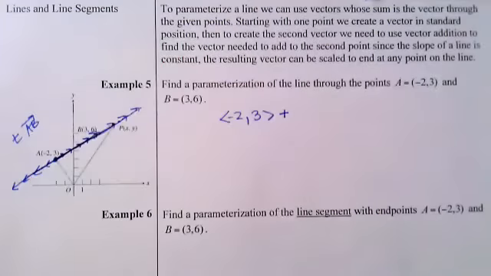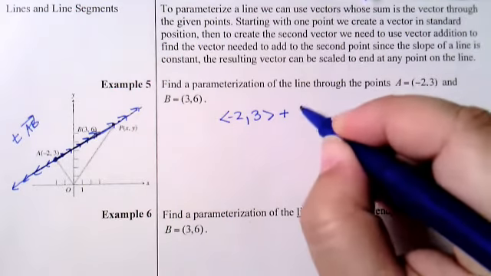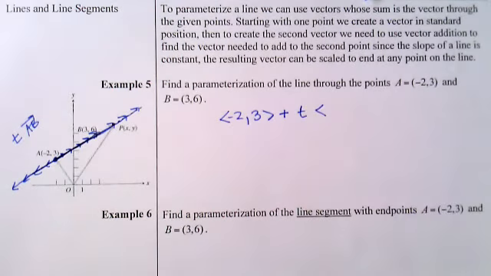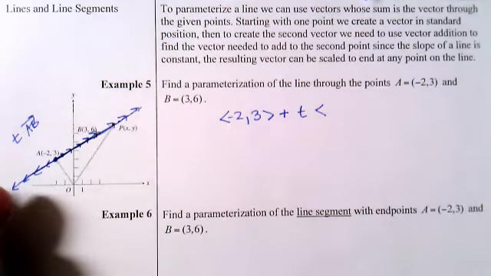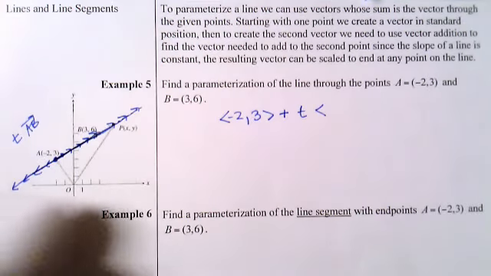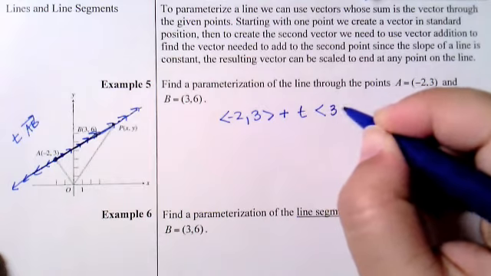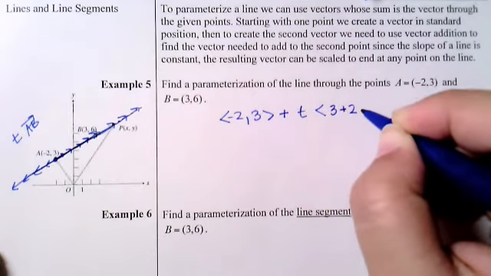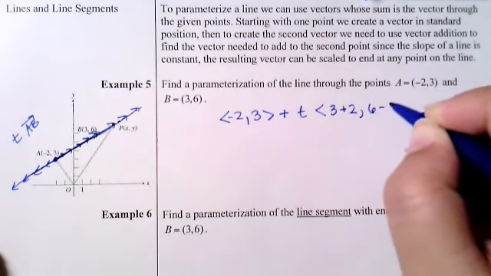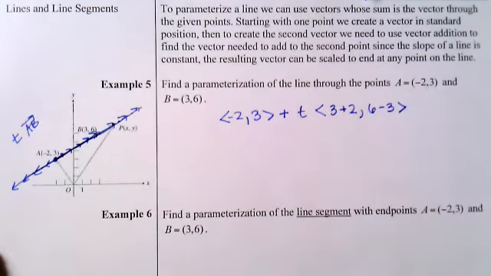So we're going to say all of the multiples of vector AB. So in order to find vector AB, we're going to have to do some subtraction. The vector AB is going to be the difference of x's and the difference of y's in component form: 3 minus -2, comma 6 minus 3, which is how we found a vector from 2 points.